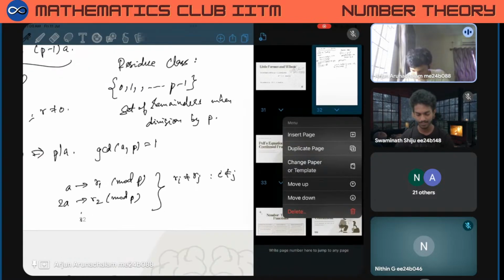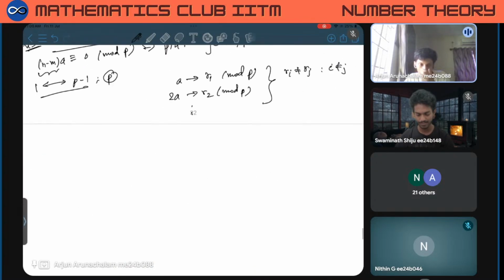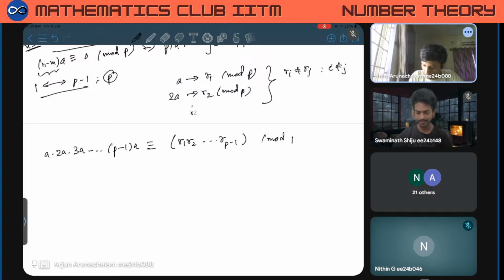So all of them have a unique residue modulo p. Now just multiply all of them. So a into 2a into 3a, so on up to p minus 1 into a, is congruent to r1 r2 so on up to r p minus 1 mod p.